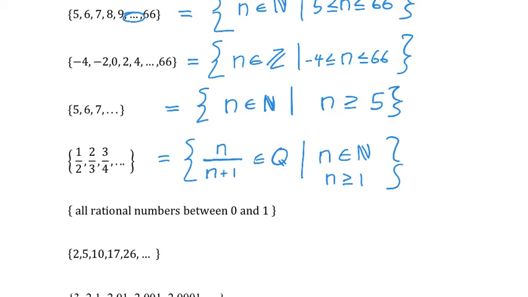Okay, so if we wanted to represent all rational numbers between 0 and 1, we could say that this is, maybe I'll use r for a rational number. So my rational number is in Q, and such that my r is between 0 and 1. I think this time I should use strictly less than symbols because it says between 0 and 1.